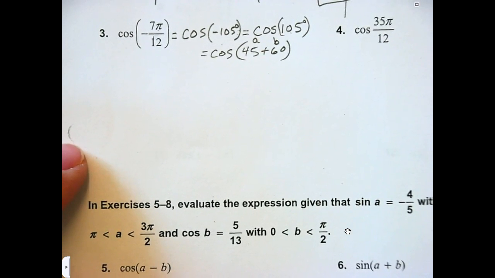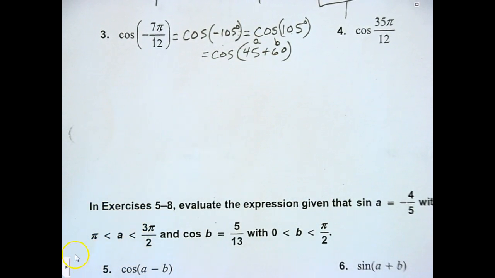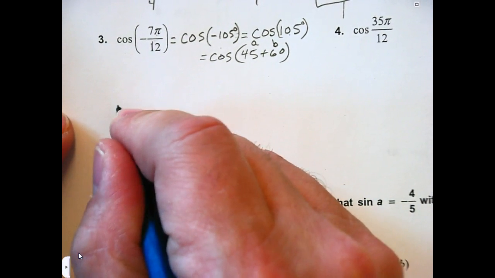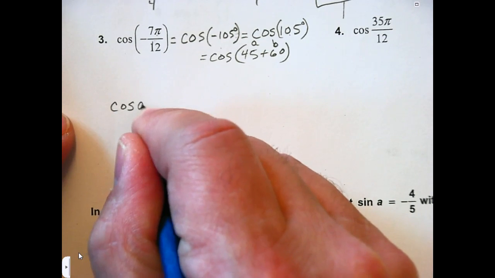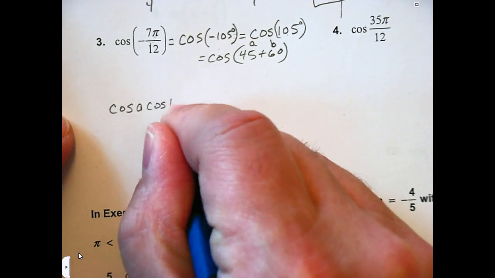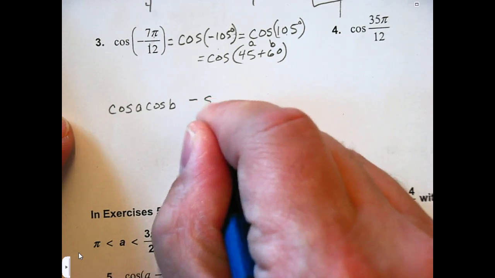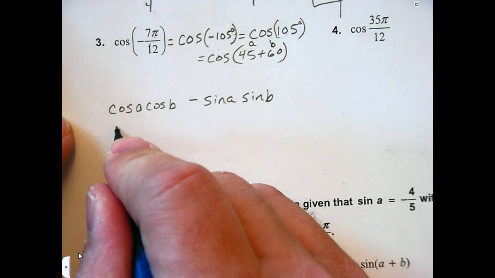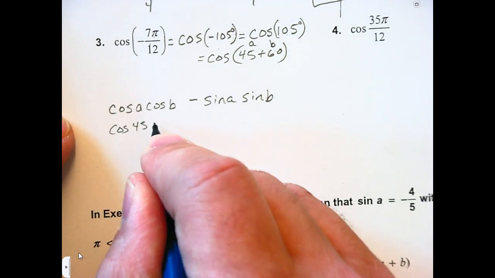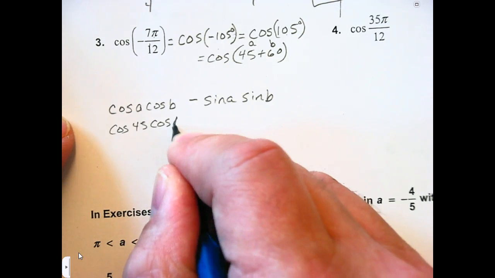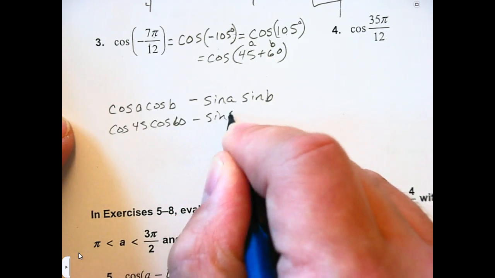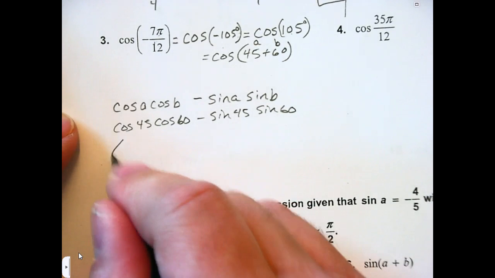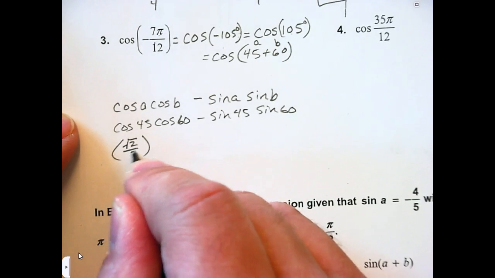Figure out what it is. Oh, this is the weird one. Okay, so we're using the formula cos A cos B minus sine A sine B. So cos 45 cos 60, minus sine 45 sine 60. Cos 45 is root 2 over 2.